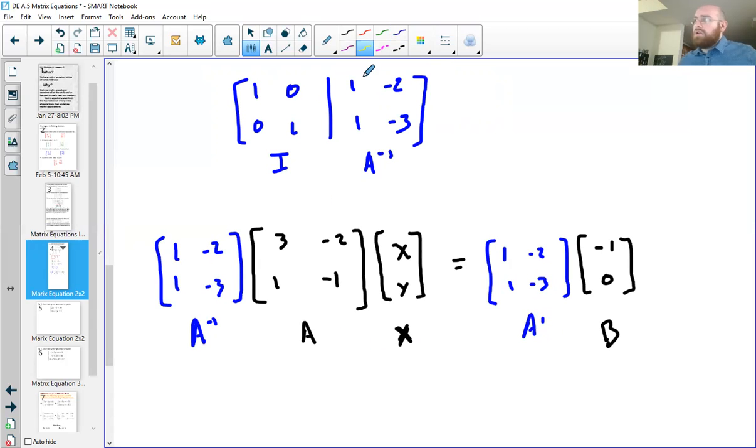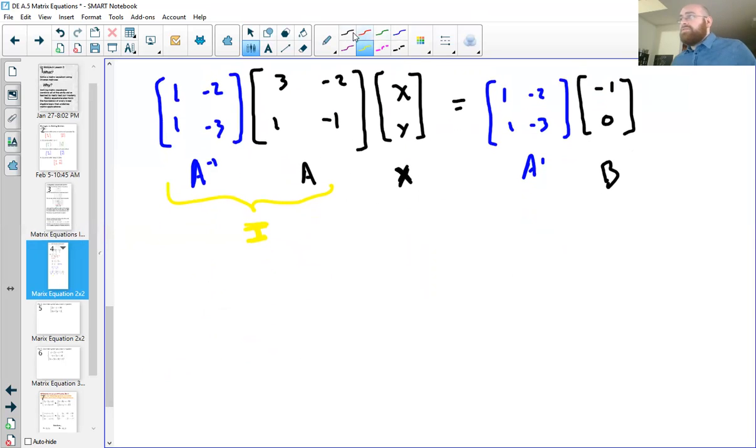And over here on the right-hand side, A inverse times A is just the identity matrix. So essentially, these two matrices cancel out. And what we're left with is X is equal to the product of A inverse times B.